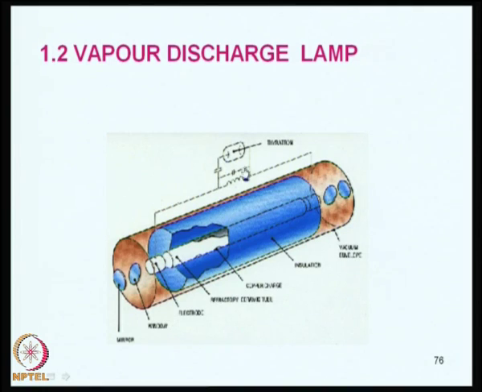Now, let us discuss a vapor discharge source. One is the hollow cathode lamp. Are there any other sources which can give this kind of radiation which we can use in atomic absorption? Here I am showing you a vapor discharge lamp. This is just like a mercury vapor lamp.